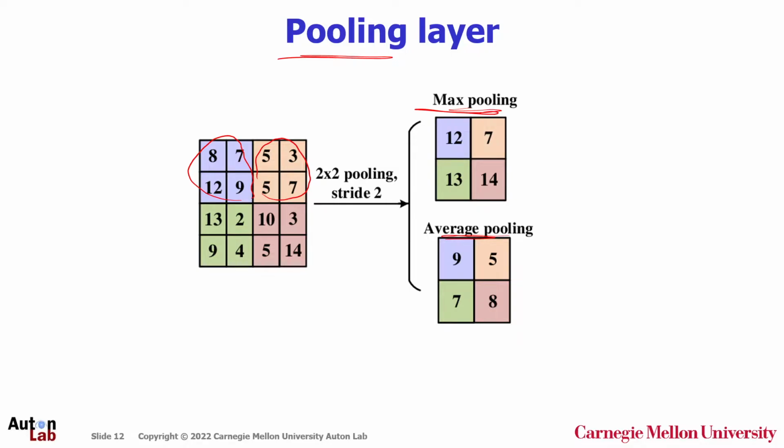Once we are done with selecting submatrices in this top row, we move stride parameter number of steps down and select submatrices in the next row. Since the stride parameter was 2 in this example, we moved 2 steps down and selected this green submatrix. And then again we move 2 steps to the right and select the next submatrix.